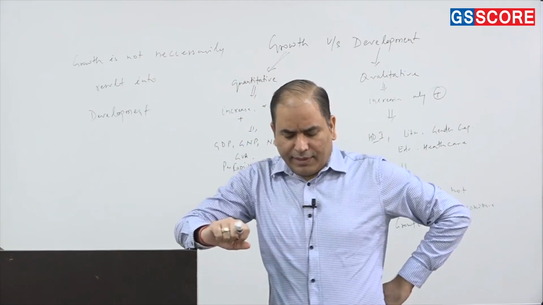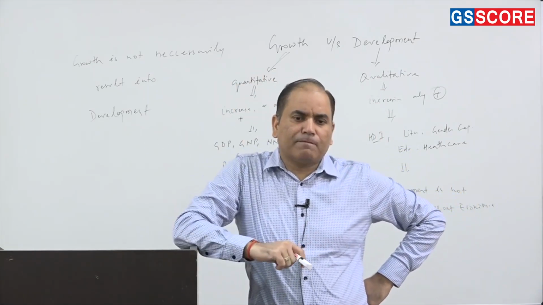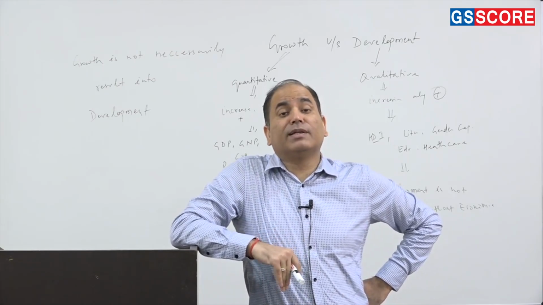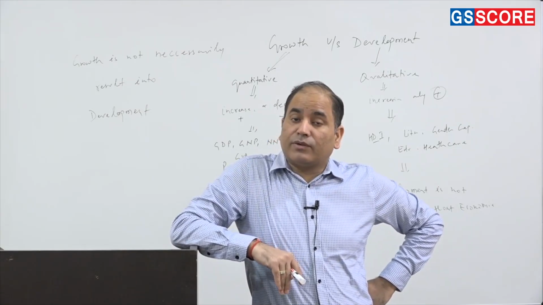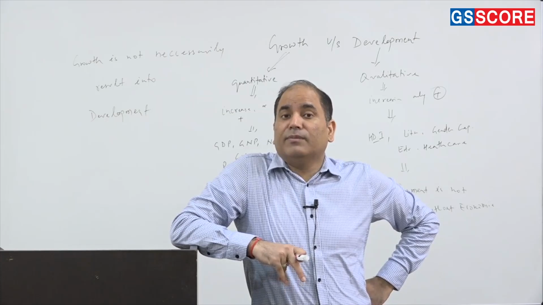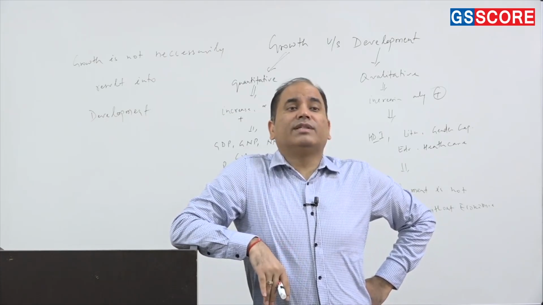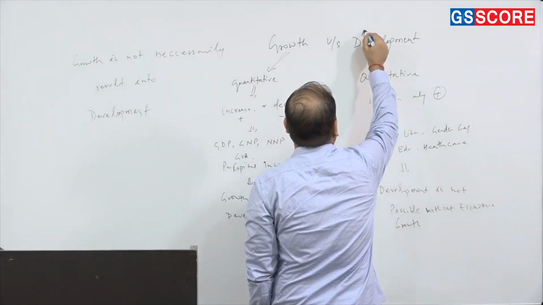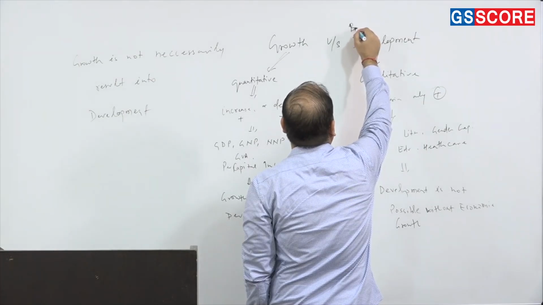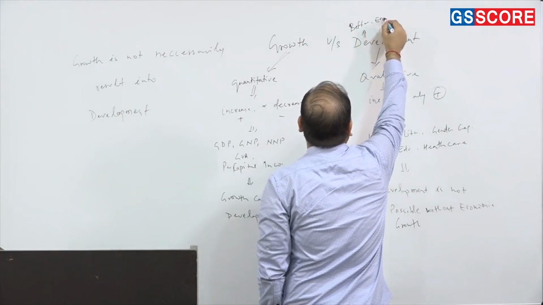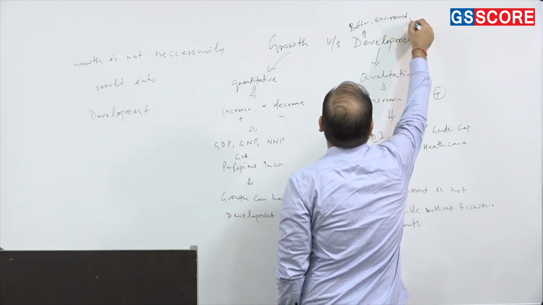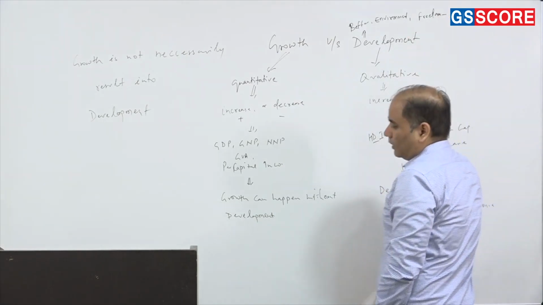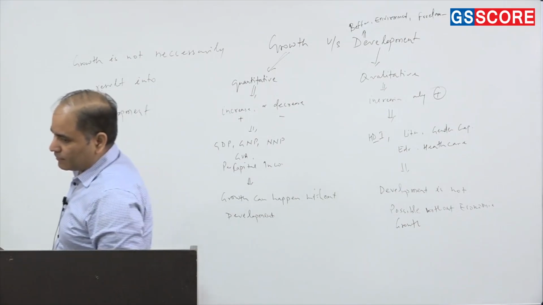But here comes a very important thing. Whatever we have discussed about this economic growth versus development is the present time period. Even in the present time period, your environment is also considered, it's not only the money, but in which environment we are. So, improvement in the environment, better environment, freedom at all the levels, freedom of speech, freedom of expression.